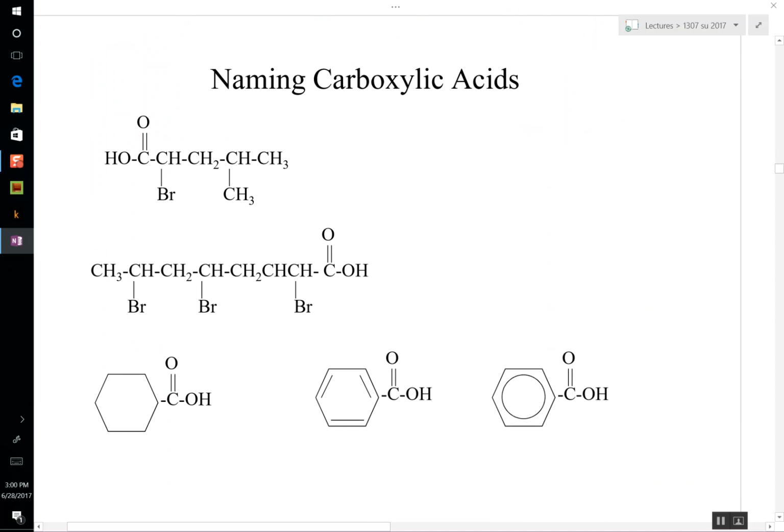All right. Naming carboxylic acids. Yeah, I'll tell you what. Let's name these and take a break. So till about not quite 10 after, we'll come back and name all of those. But you try to name those.